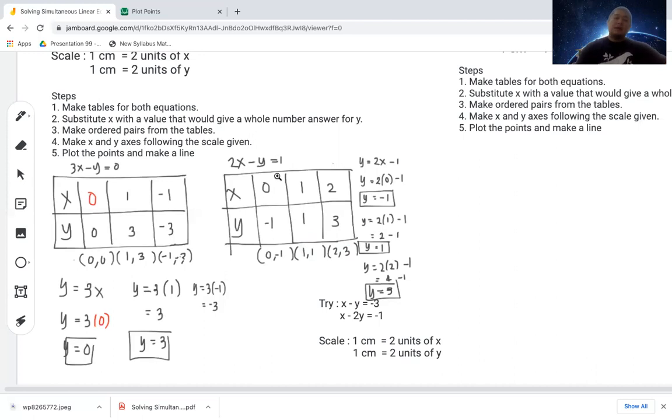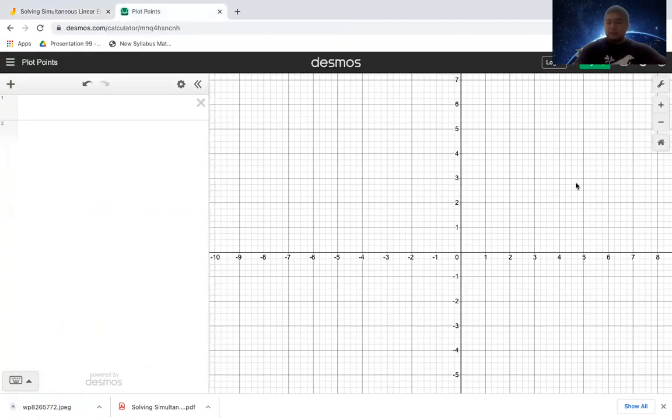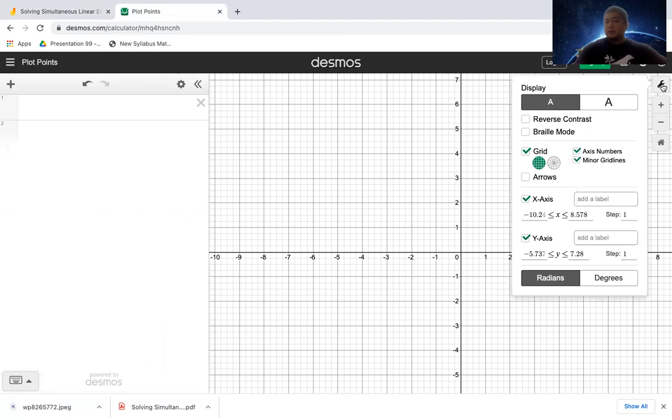You can graph in your graphing paper, but we have to be specific that it states here that the scale of the graph should be 1 centimeter is equivalent to 2 units for the values of x and y. All right, so it says make x and y axis following the scale given. So as you can see here, this is not the one that is in the scale.